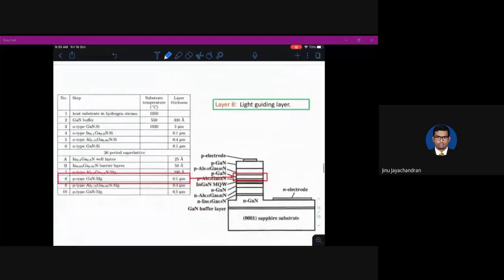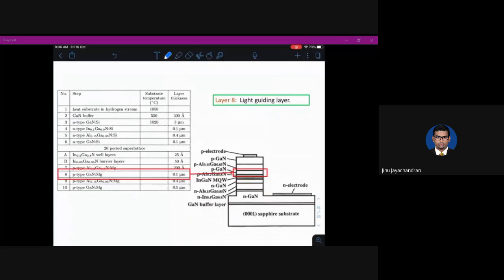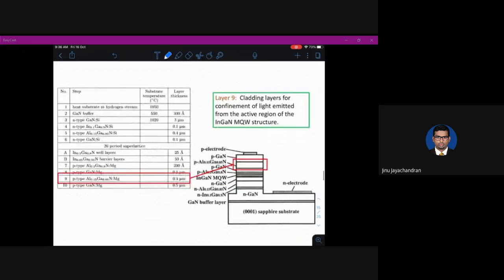And then you have the p-type gallium nitride layer, which is the light guiding layer, which we have already seen along with the n-type gallium nitride layer. This guides the light because it is the layer just above the active layer, which will make sure that there is some kind of total internal reflection, and it will guide the light. And then over that there is a cladding layer for confinement of light. It will make sure that light will not be traveling outside the device, confining the light emitted from the active region of the indium gallium nitride multi quantum well structure.